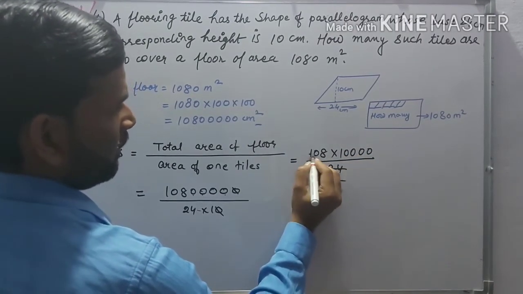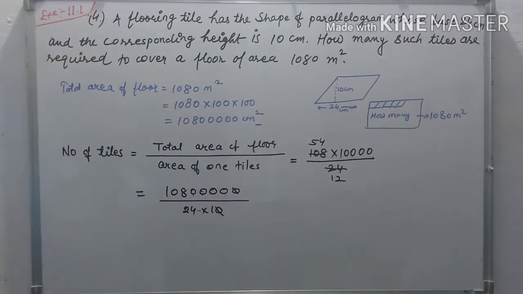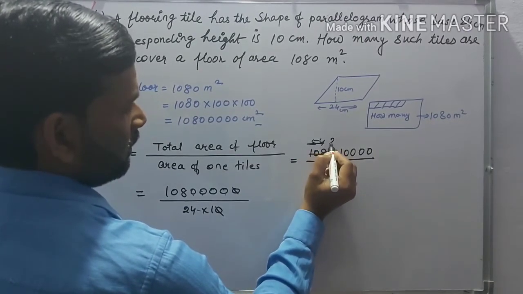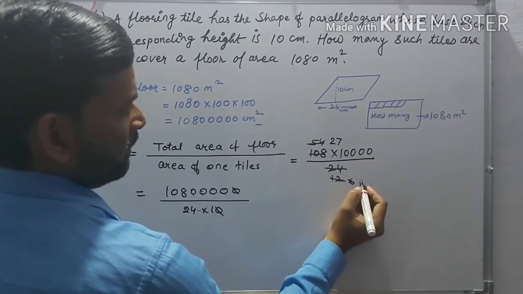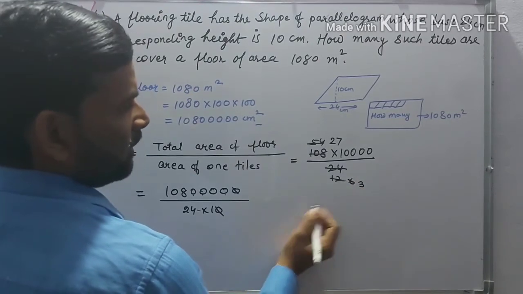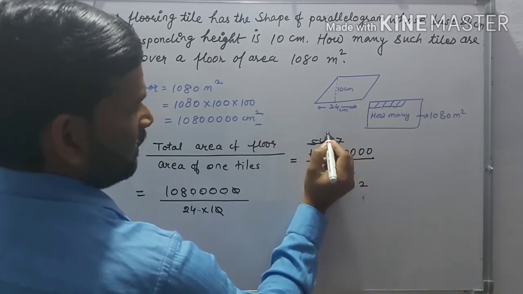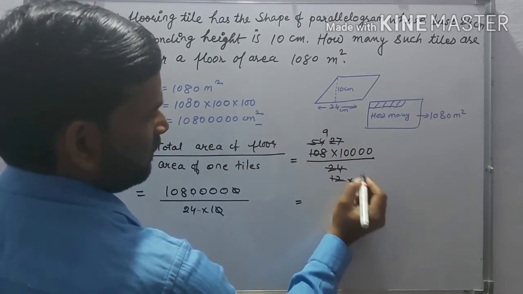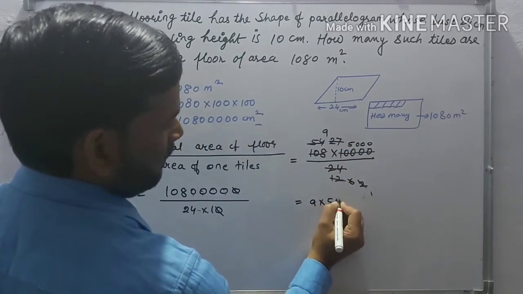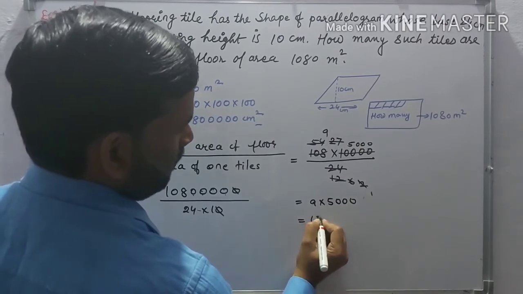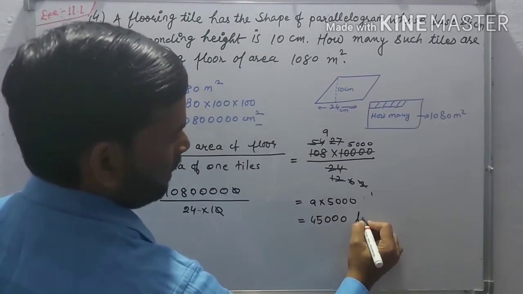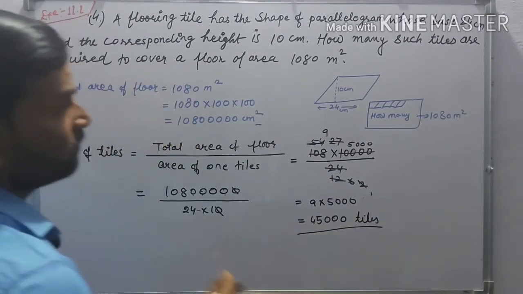Now 12 is 54, again 6 is 27. Here 9 multiply 500 after multiplication gives 45,000. It means 45,000 tiles are required to cover the total floor.